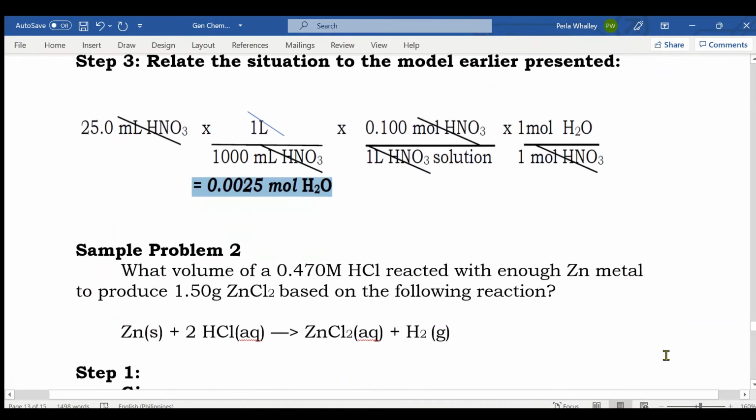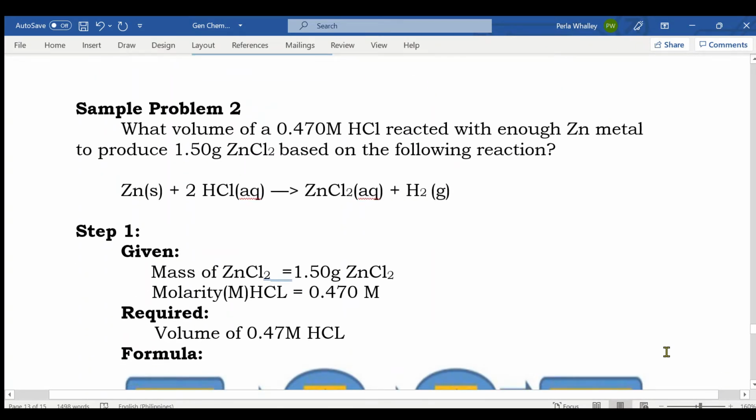Next. Sample problem number 2. What volume of a 0.470 M HCl reacted with enough zinc metal to produce 1.50 grams zinc chloride based on the following reaction?